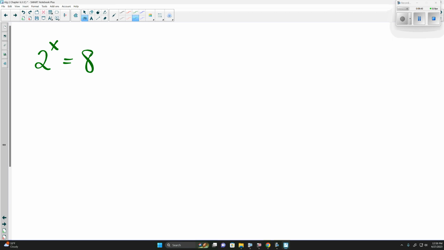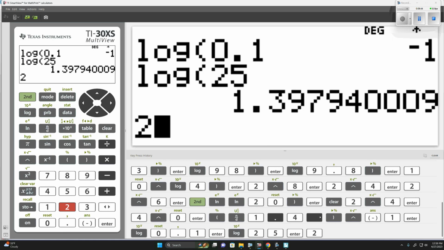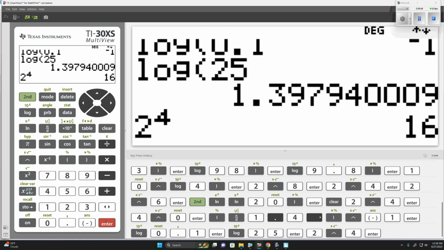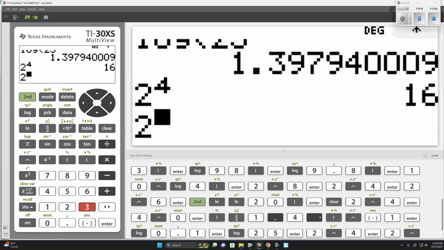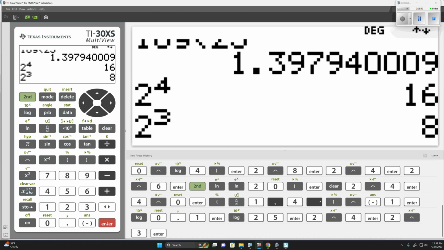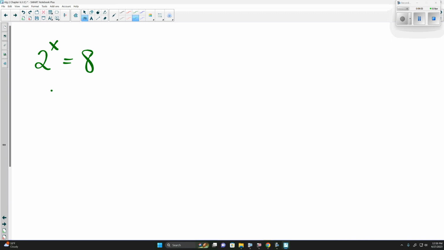Because 2 to the 3rd is 8, here the value of x is 3. If we said 3 to what power is 9, x would be 2, yes? Because these we can figure out.